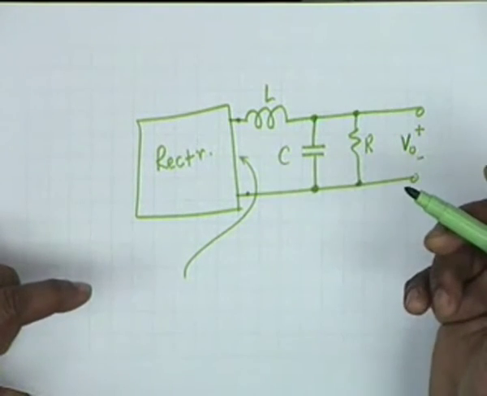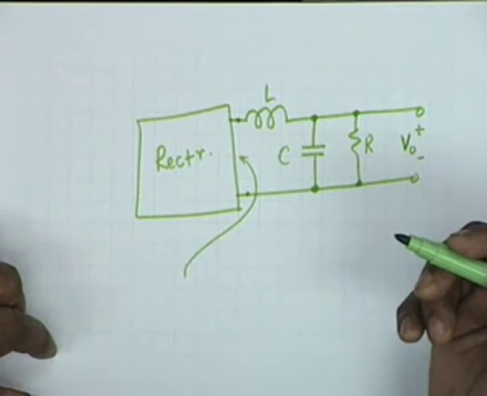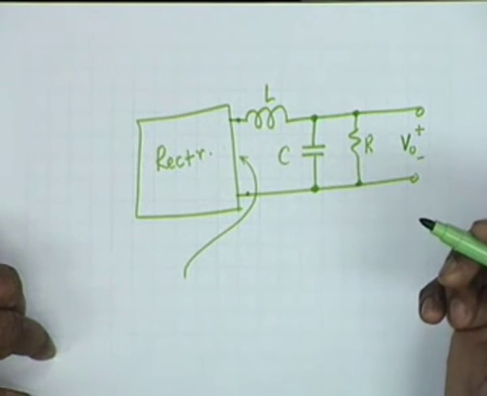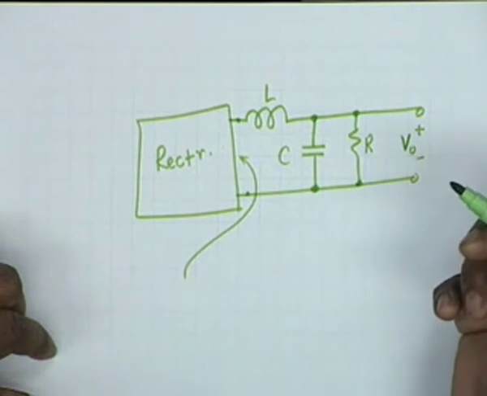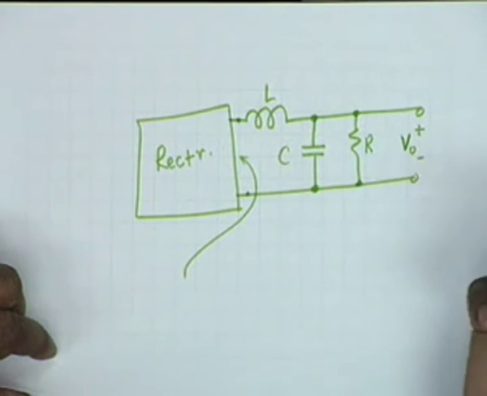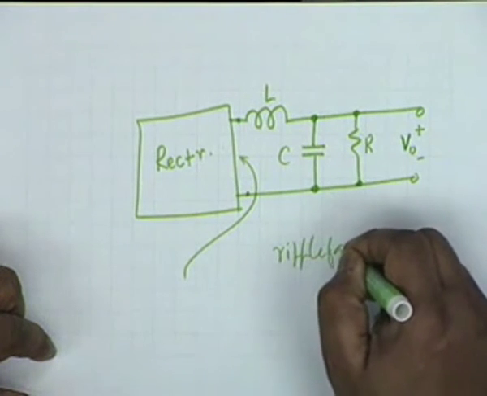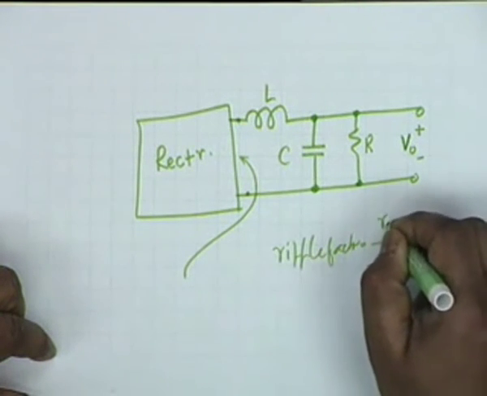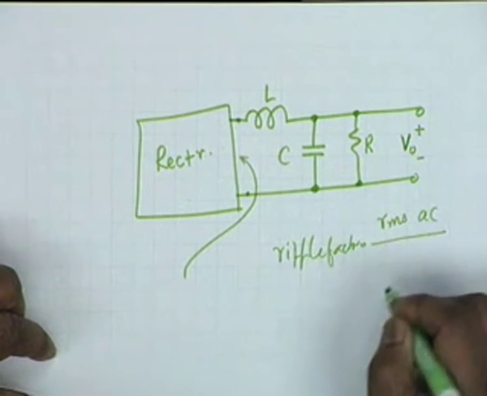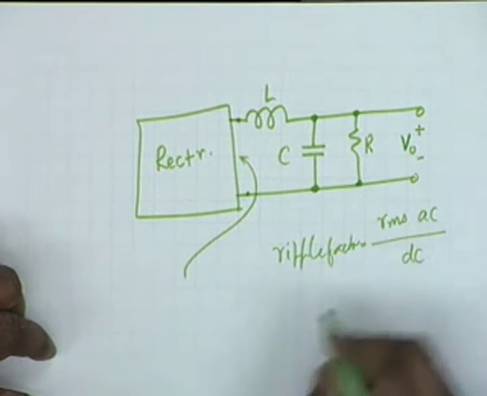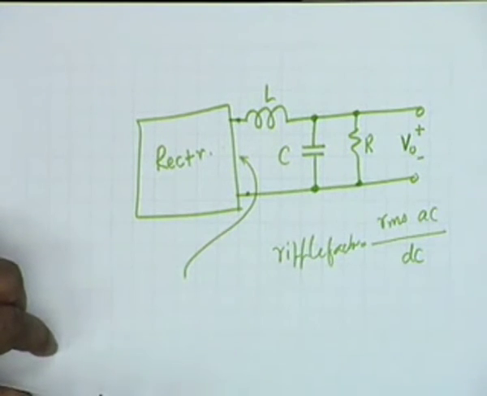By definition, ripple factor is what? The root mean squared value of the AC component divided by the DC, the average value.